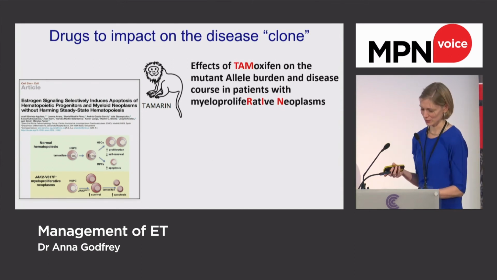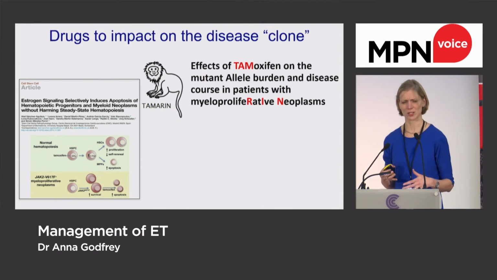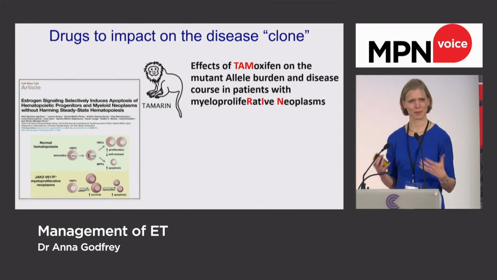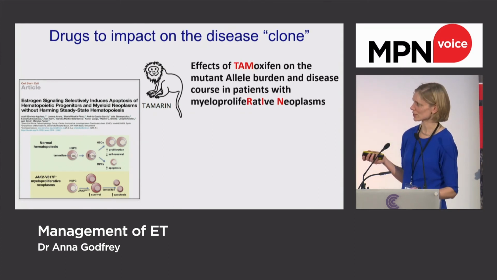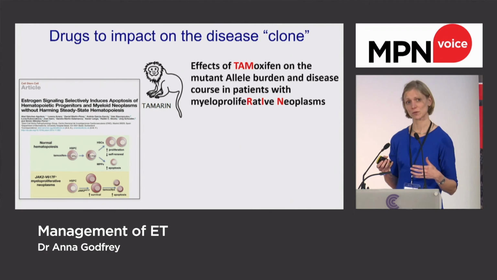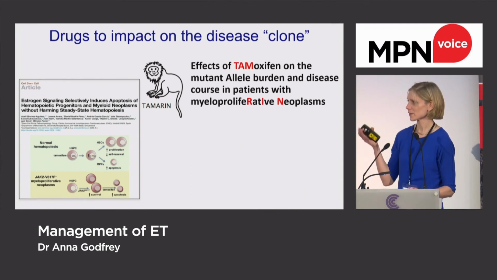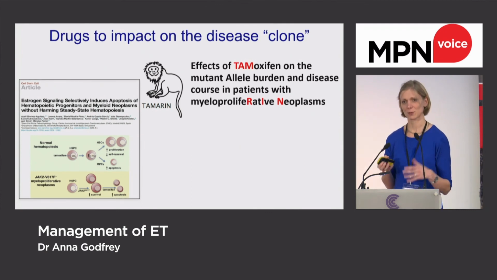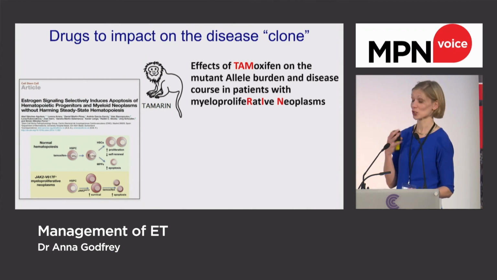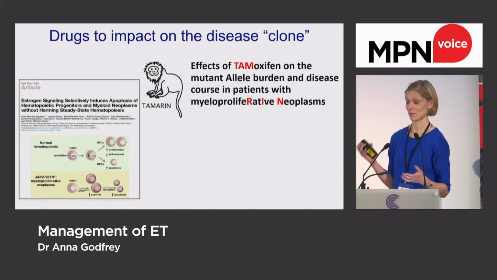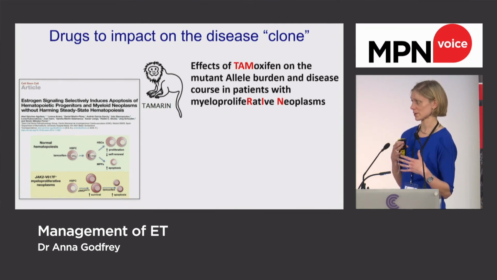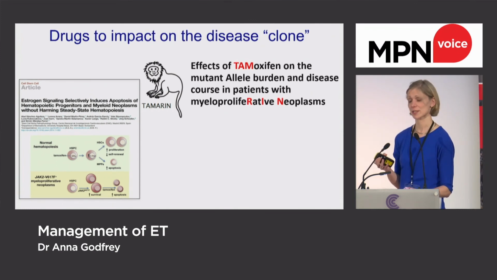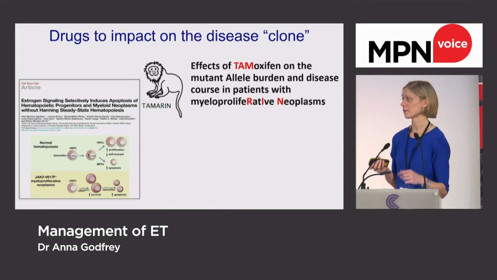some scientists who actually work on estrogen biology. We think about estrogen as a female hormone, but actually everybody has estrogen, and it turns out that estrogen signaling is important in the production of normal blood cells. The work they did was to find that if you put tamoxifen, which is a drug that we've used for many years in breast cancer, onto cells that have the JAK2 V617F mutation, those cells seem to be selectively sensitive to it and die.